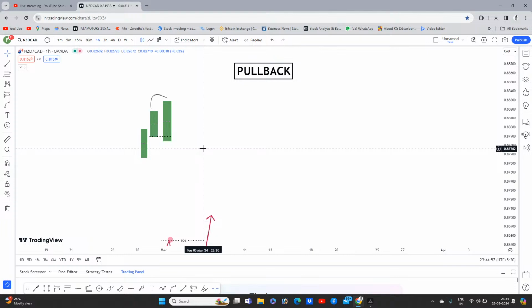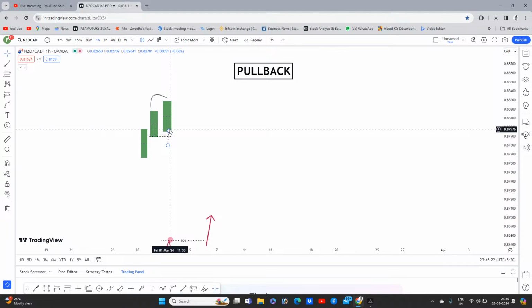It doesn't matter whether the market draws a wick or a body, listen very carefully. It doesn't matter whether the market has a body or the wick. Let me draw it like this.